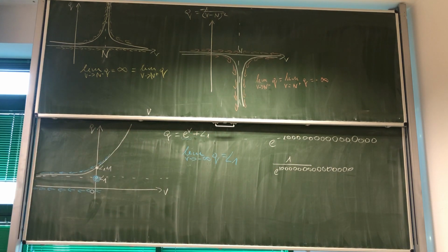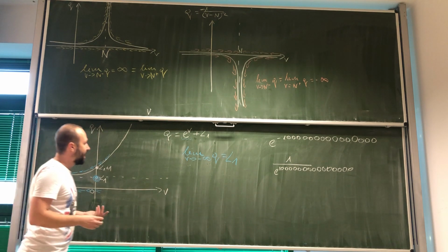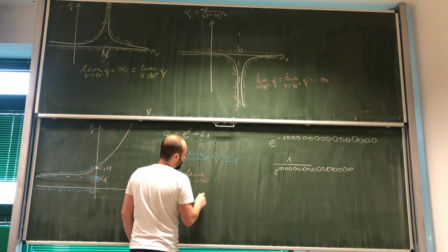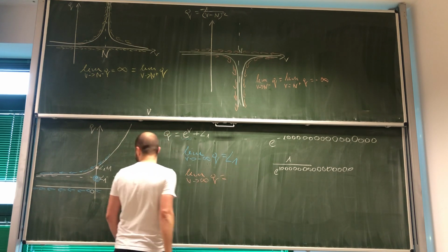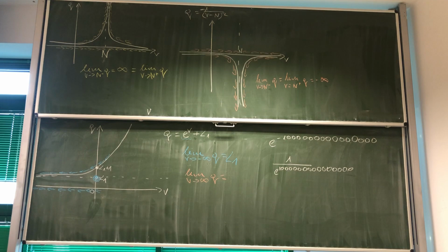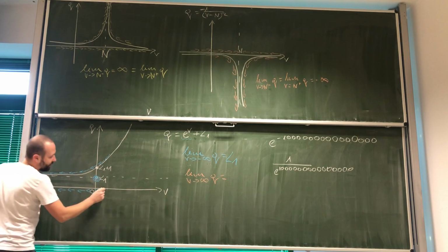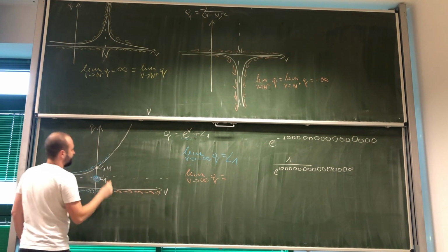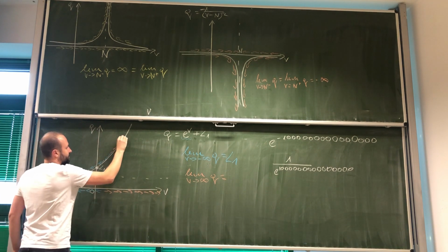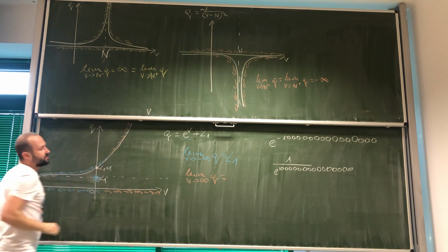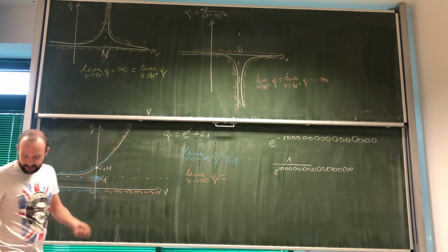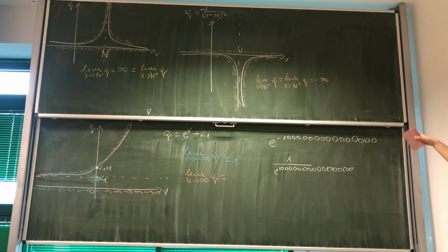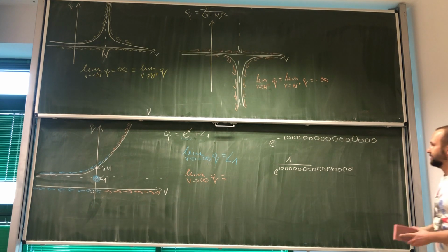Okay, so now let's go to the other case. What if now I want to evaluate the limit with V approaching infinity of Q? So now I'm simply moving in the other direction. So I'm moving here. Now imagine, as before, that V is taking incredibly big values.